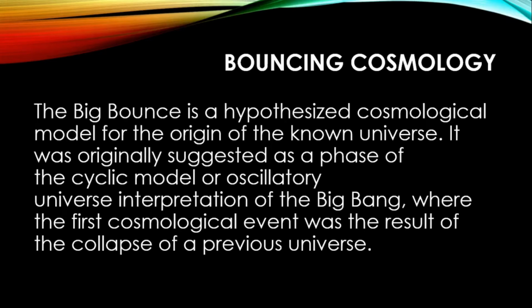The next alternative theory is the bouncing cosmology. The Big Bounce is a hypothesized cosmological model for the origin of the known universe. It was originally suggested as a phase of the cyclic model or oscillatory universe interpretation of the Big Bang, where the first cosmological event was the result of the collapse of the previous universe.